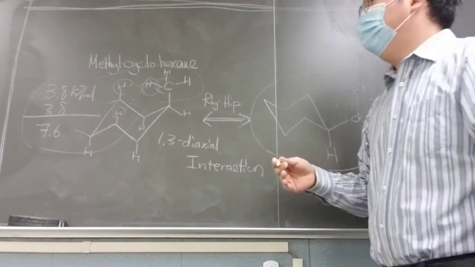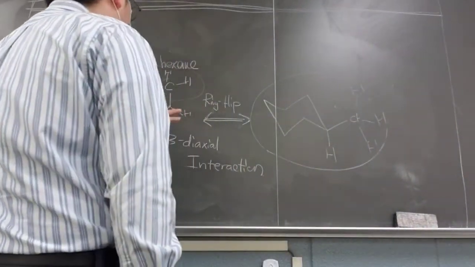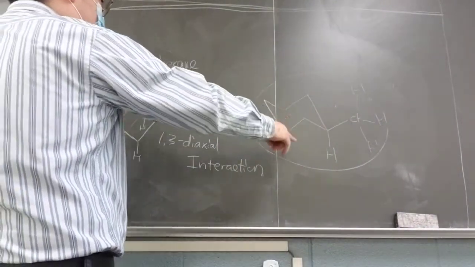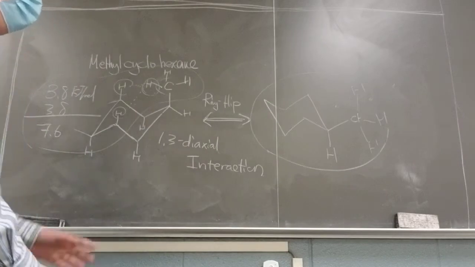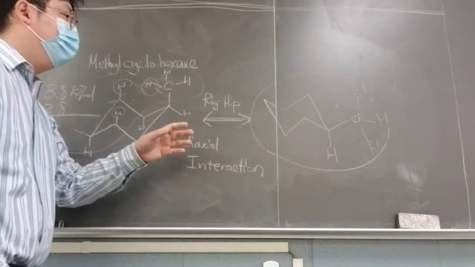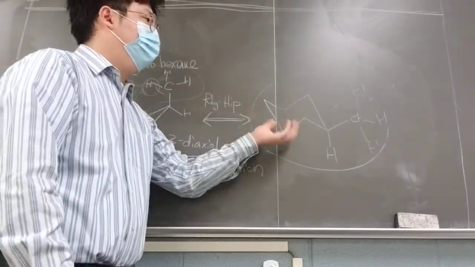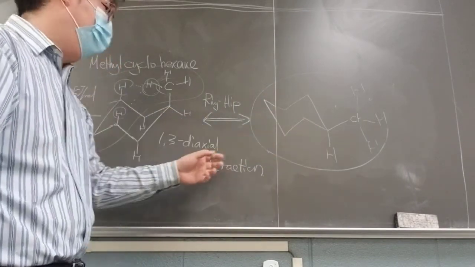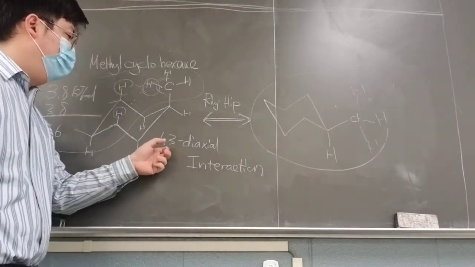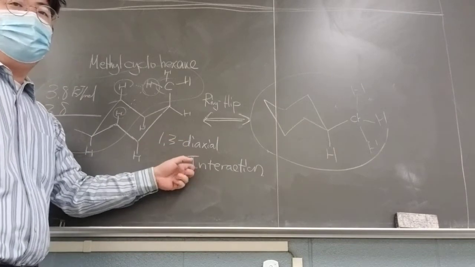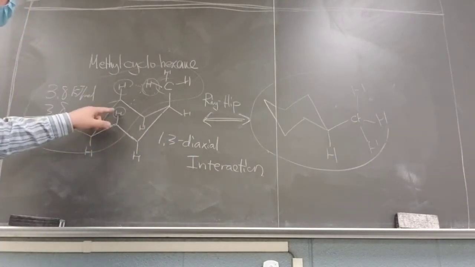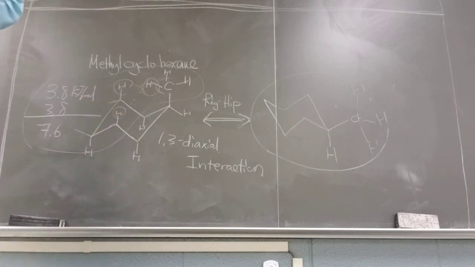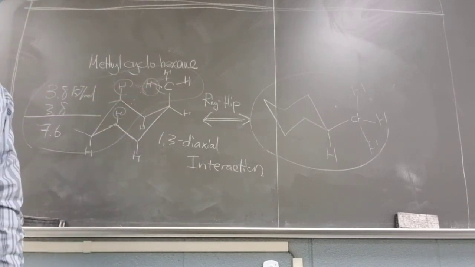So whenever you have a methyl cyclohexane, the two types of conformation are possible from the ring flip, but mostly they prefer this form because they try to avoid this 1,3 diaxial interaction caused by those hydrogens on axial positions interacting with the hydrogens in the methyl group and also on the axial position too.